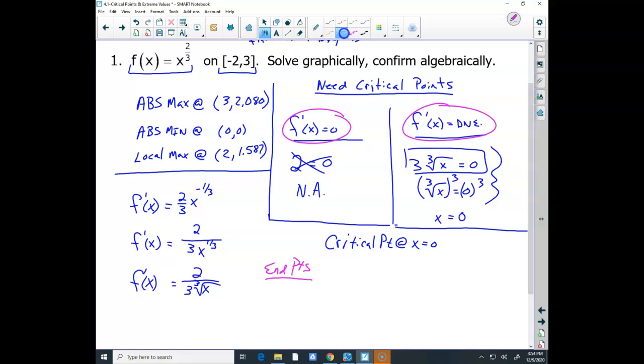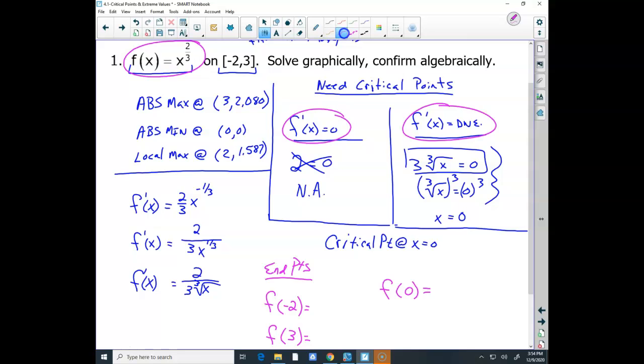If I need to actually find the maximum or minimum point, I have to come back to my original function. So I need to find f of the left endpoint, f of the right endpoint, and f of my critical point to see what they are.